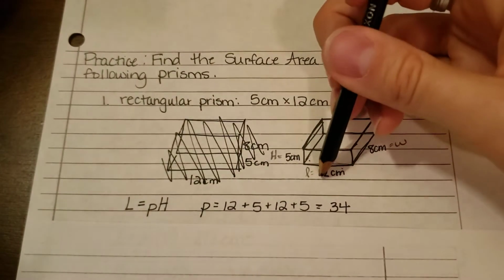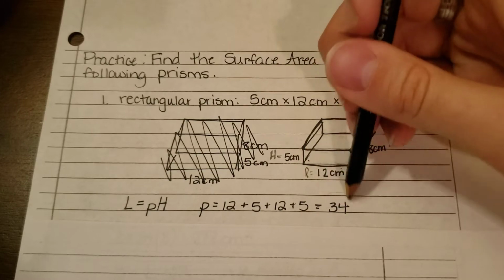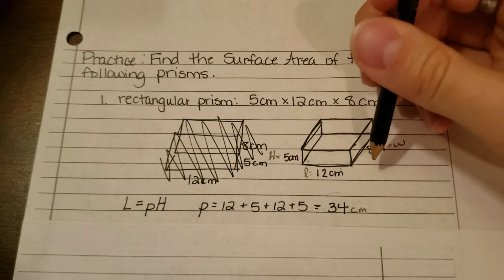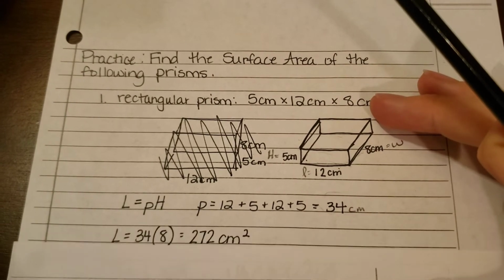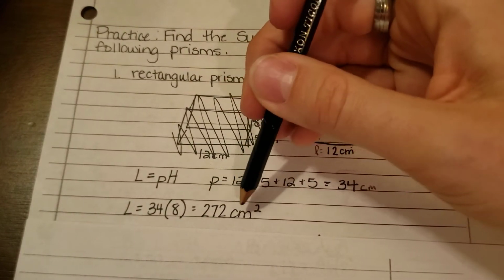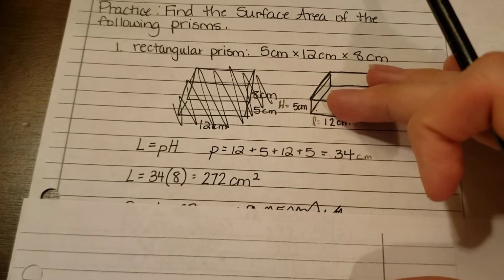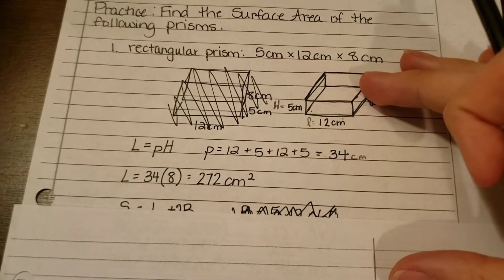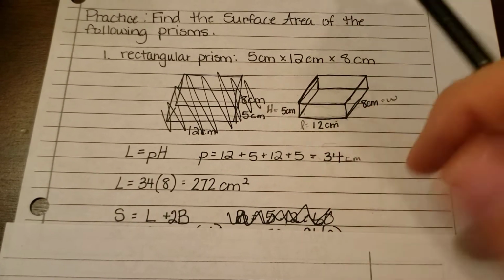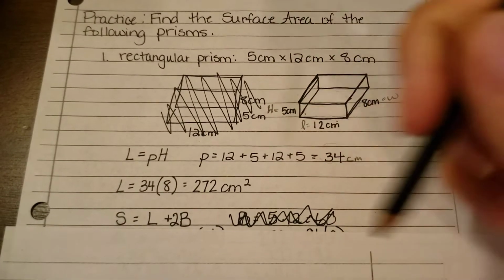So the perimeter is going to be 12 plus 12 plus 5 plus 5, which is 34 centimeters. And we're going to multiply that by the height, resulting in 272 centimeters squared for our lateral area.